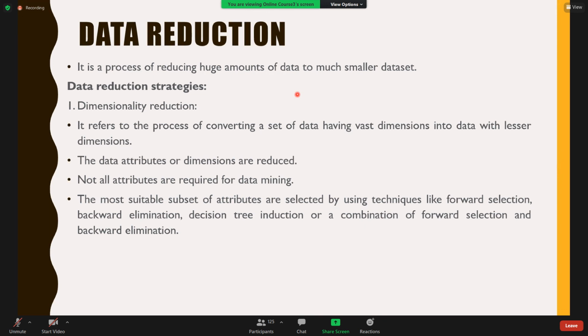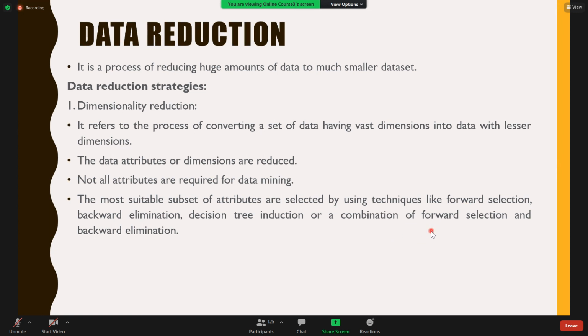Because all the attributes are not required for data mining, we have to select the most suitable attributes. There are techniques such as forward selection, backward elimination, decision tree induction, and an integrated approach which combines forward selection and backward elimination.